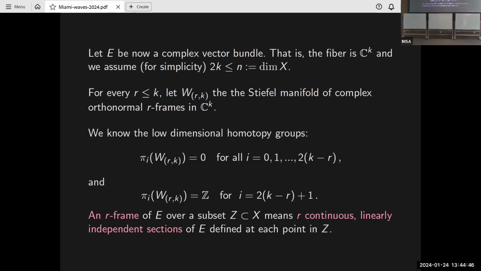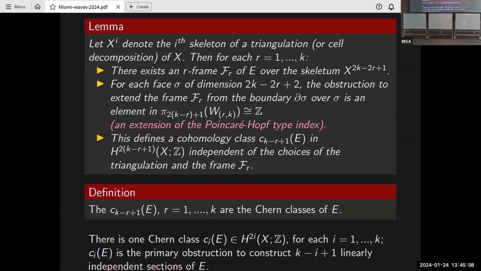Okay. So again, using this elementary topology, we can see that given these conditions, for every r we can construct an r-frame, or r linearly independent sections over C. Given a cell decomposition of the base, for every r from 1 to k, there always exists an r-frame over the skeleton of the corresponding dimension.